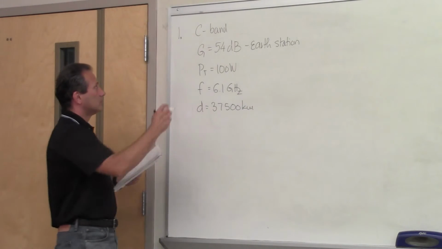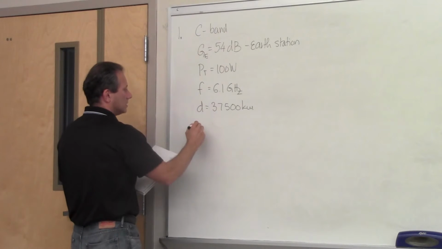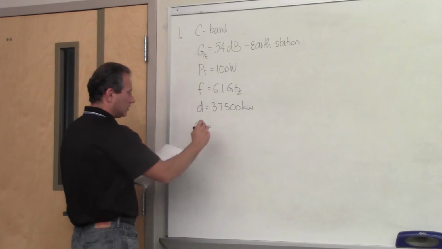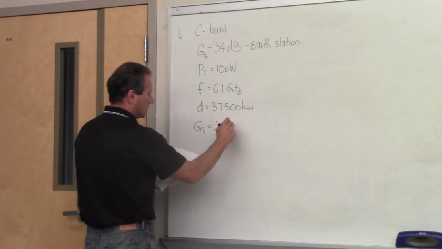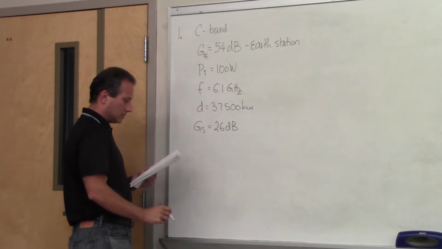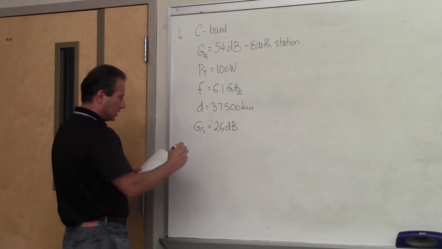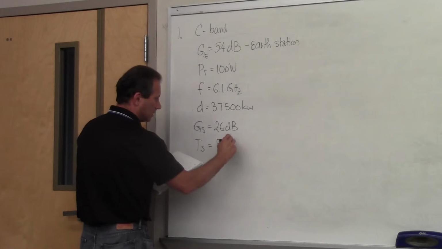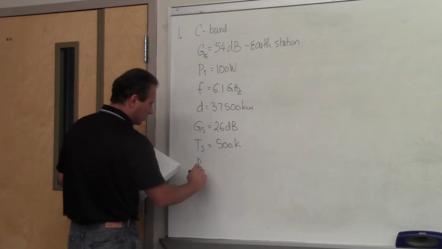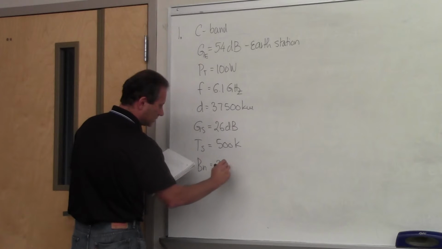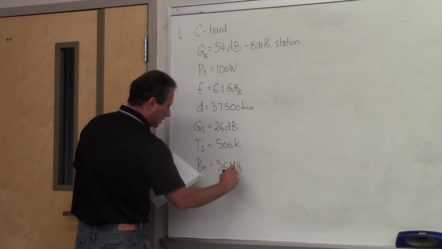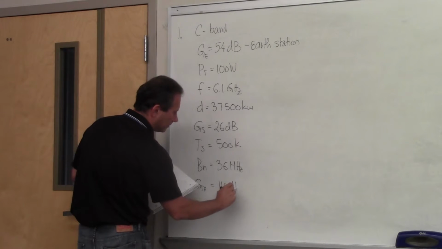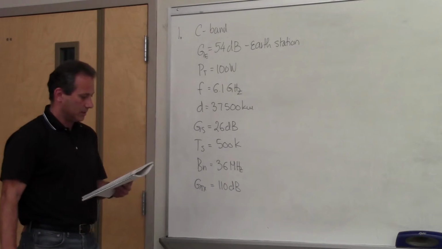The satellite has an antenna with a gain of 26 dB, and the signal is routed to a transponder that has a system temperature of 500 kelvins and a noise bandwidth of 36 megahertz. The gain of the transponder is 110 dB. So these are all input data.